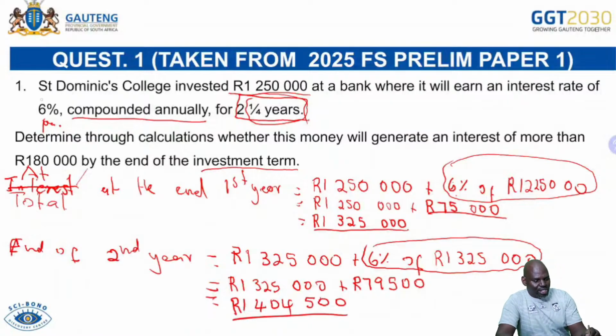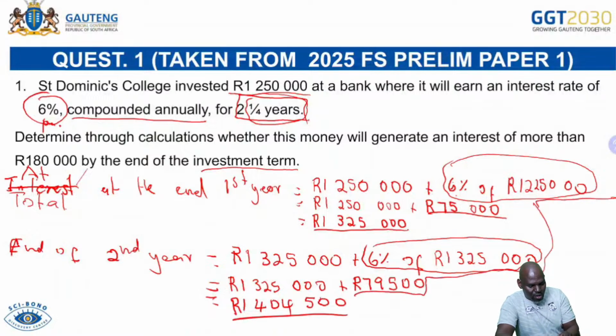So it means this 6%, we know that the 6% is for the whole year. But now we need to change this 6% to a quarter of a year. So the 6% will now become, I'm going to take 6% divided by 4. 6% per quarter.